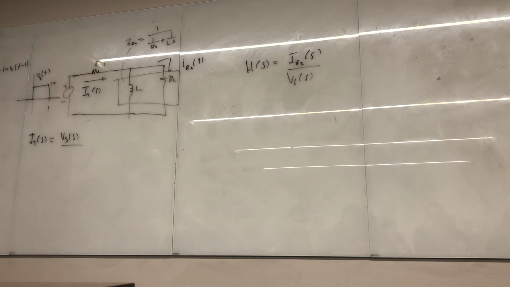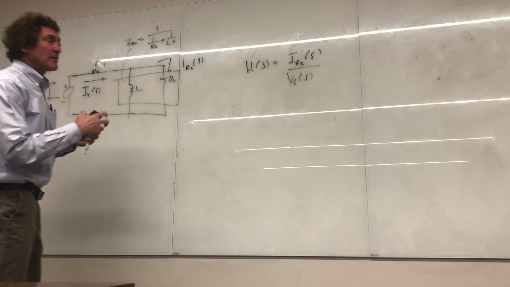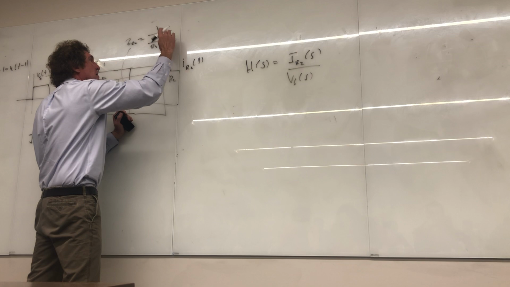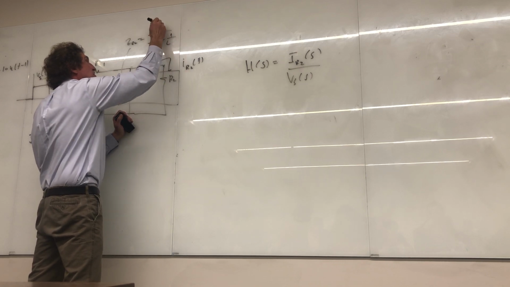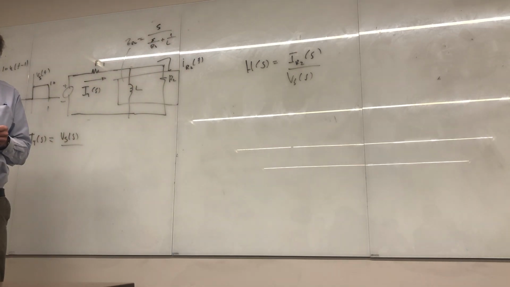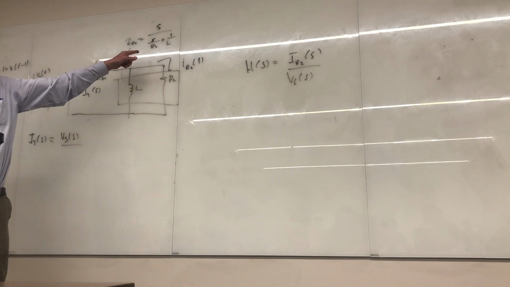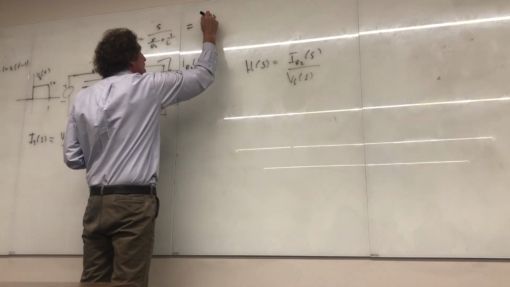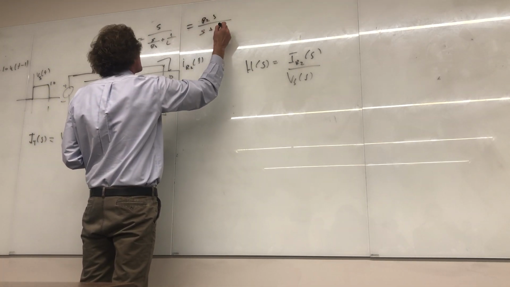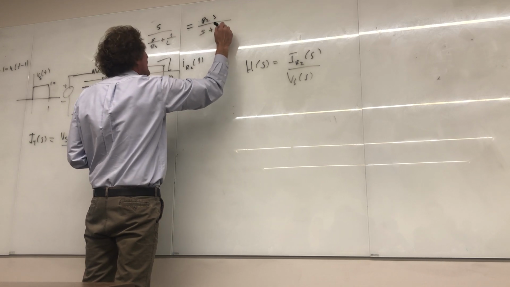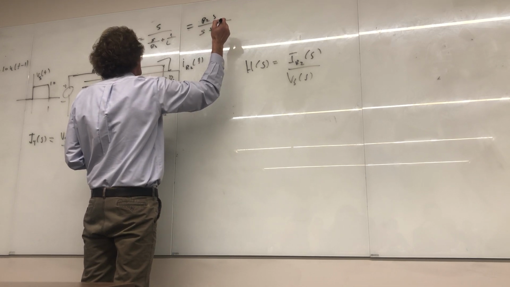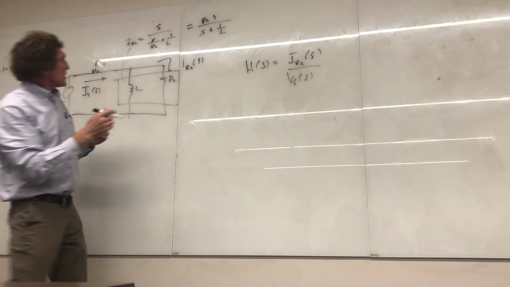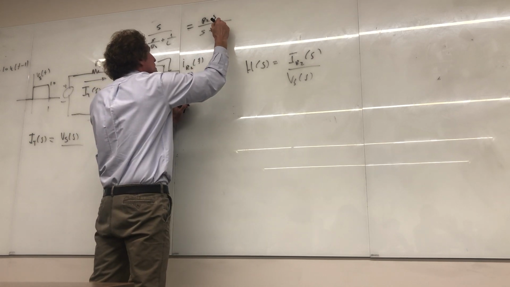Now I'm going to try to clean it up a little. First, I'm going to multiply everything by S. So I'm going to get an S here, get rid of the S here, and then put an S on top. Now I'm going to multiply everything by R2. When I do that, I have R2S over S plus 1 over L. I'm sorry, R2 over L, my bad.